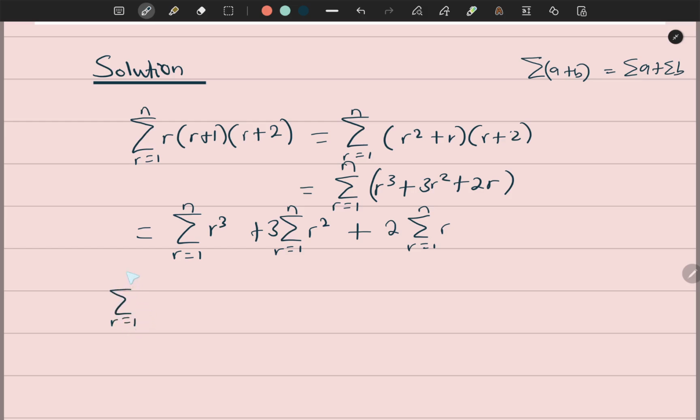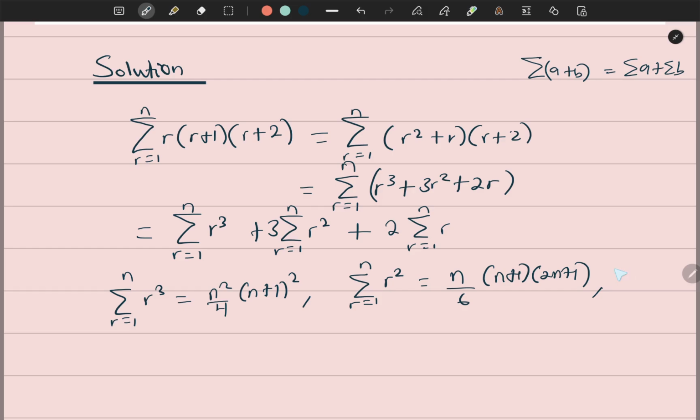The summation r equals 1 to n of r cubed is given to be n squared over 4, then (n plus 1) squared. For the summation r equals 1 to n of r squared, that one is given to be n over 6, (n plus 1), then (2n plus 1).